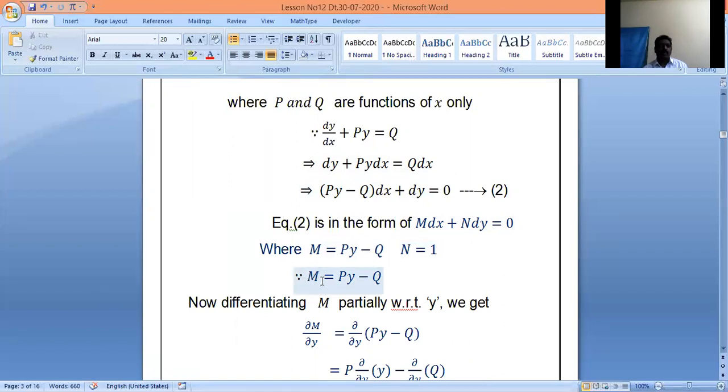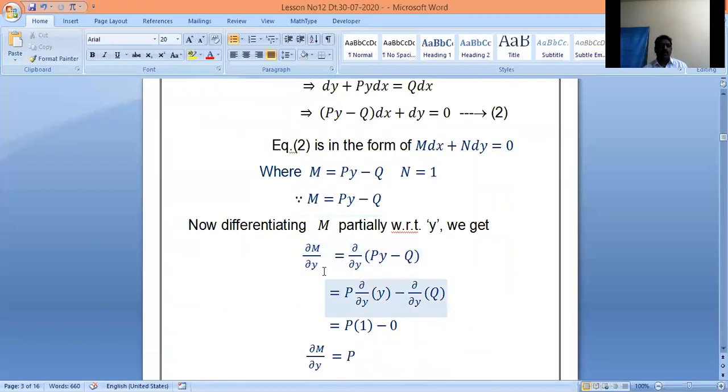Since M is equal to py minus q, now differentiating M partially with respect to y, we get dou M by dou y is equal to dou by dou y of py minus q. Dou by dou y means differentiating partially with respect to y, treating x constant. Therefore, here p is a function of x, therefore here p is a constant.